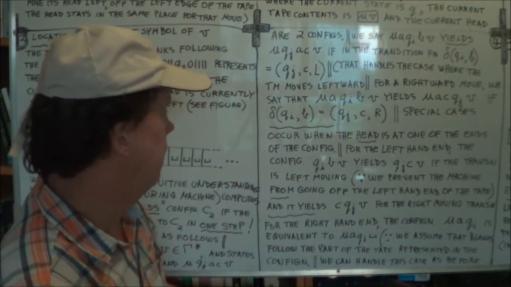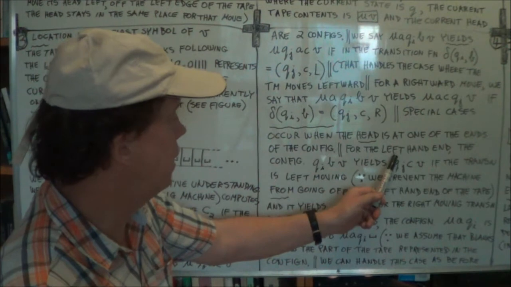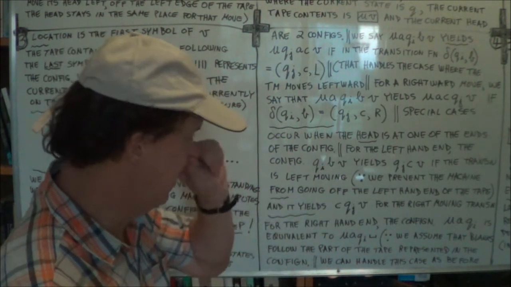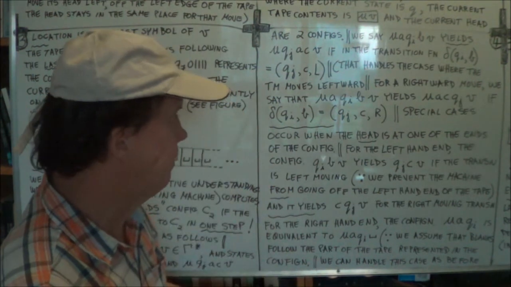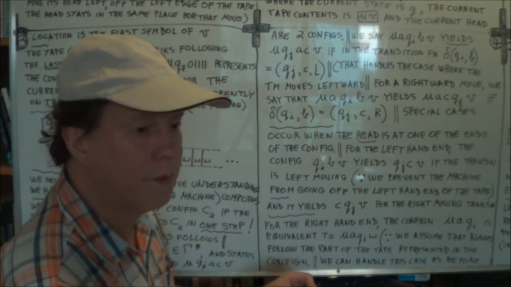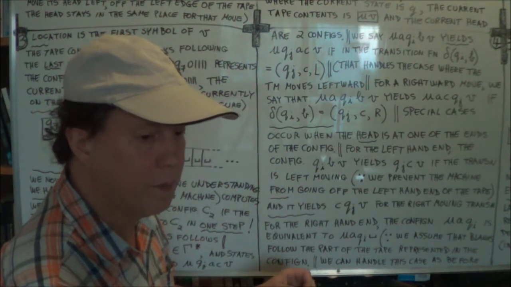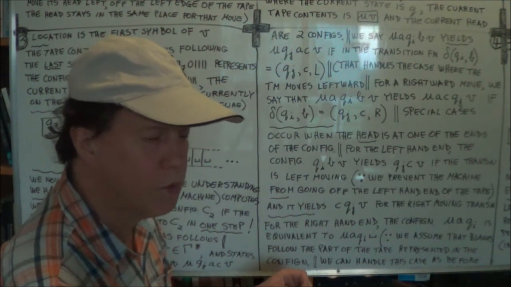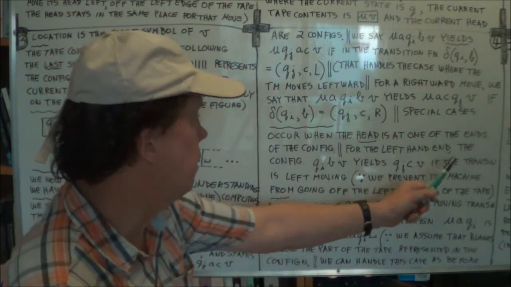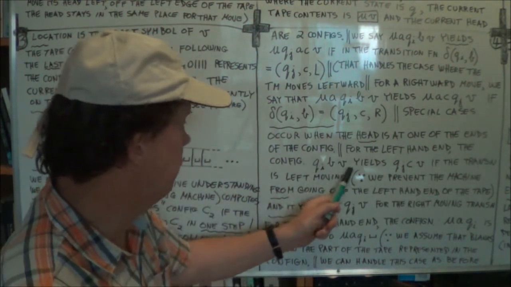Okay. Now let's see. So if you're on the left-hand end, so you cannot move. You can't move, assuming there's no more squares. Okay. So let's see, we're on the left-hand end and you're in this configuration.